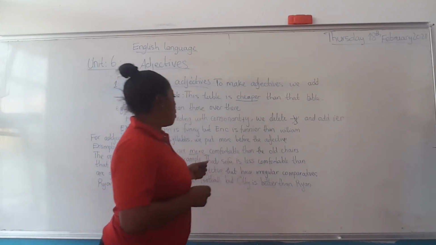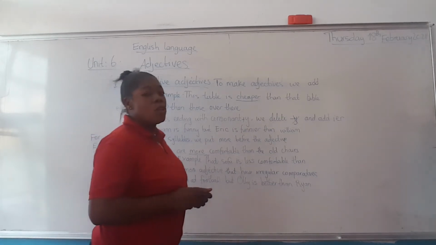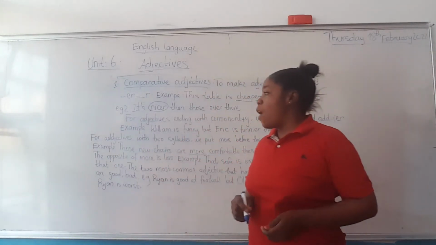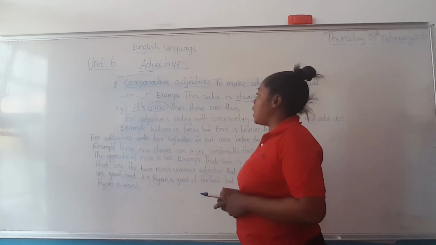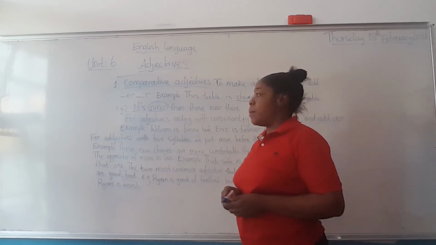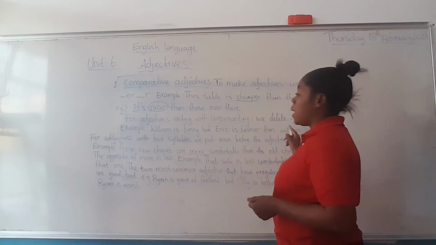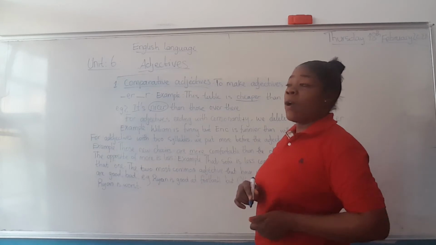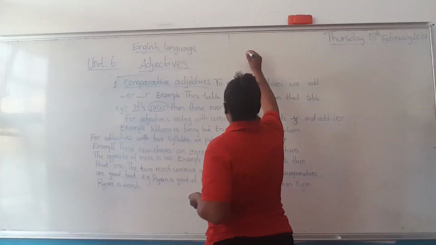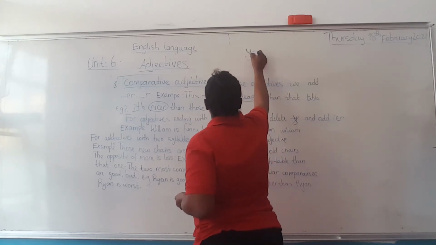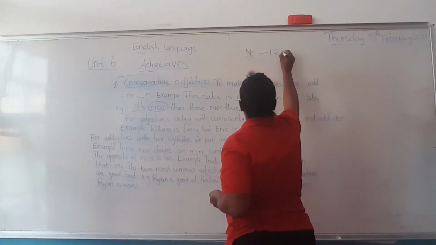We have some exceptional adjectives. Adjectives that end with consonant y. For adjectives that end with consonant y, how do we get their comparative form? We delete the y and we add er.